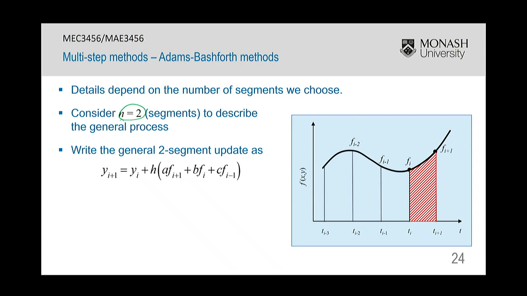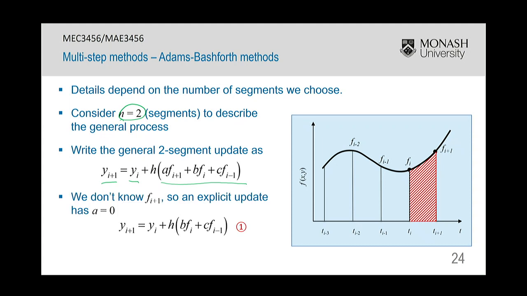We're going to write the general 2-segment update as yi plus 1 is equal to yi, that comes from the integral of dy, plus the step size h times a times the function value at i plus 1 plus b times the function value at i plus c times the function value at i minus 1, where the coefficients a, b and c are unknown and we're going to try and estimate them.